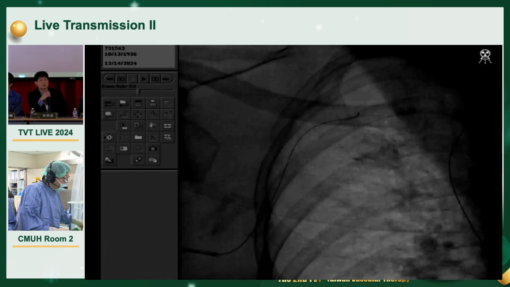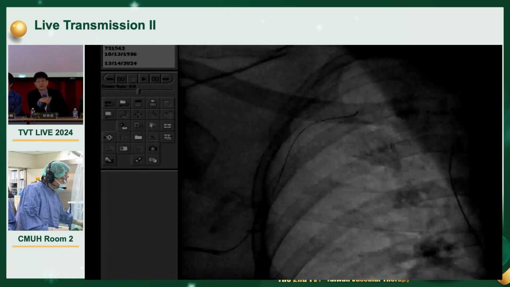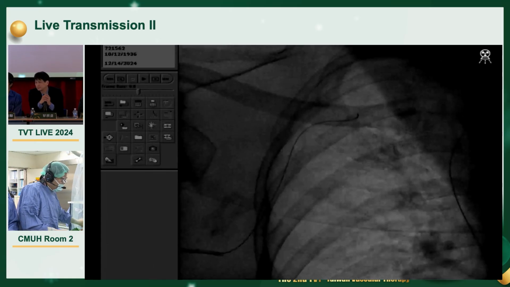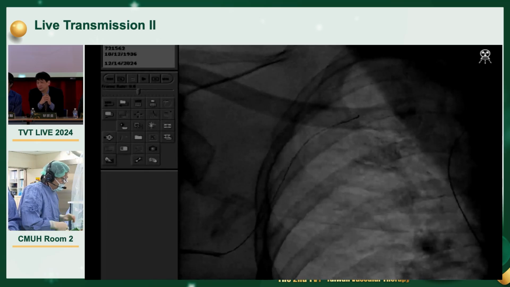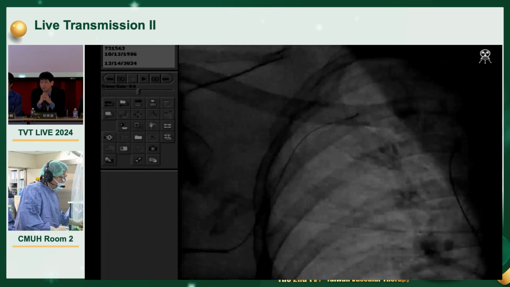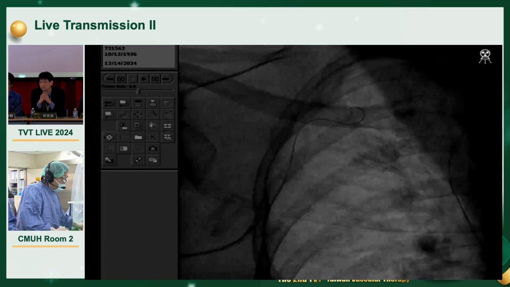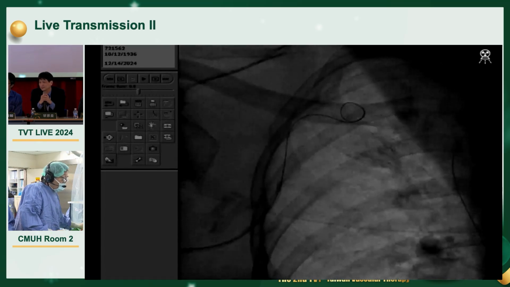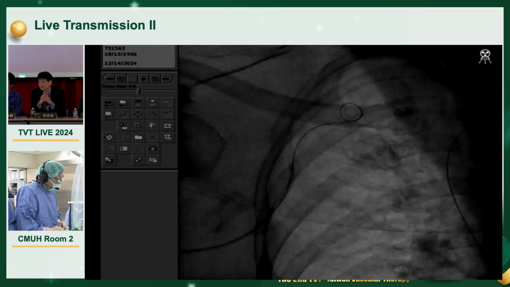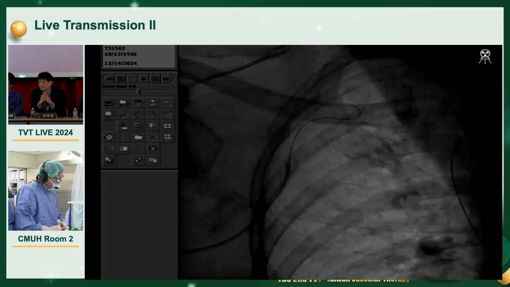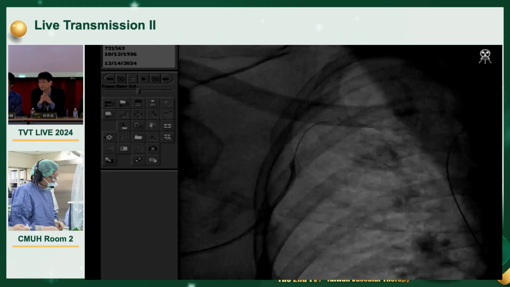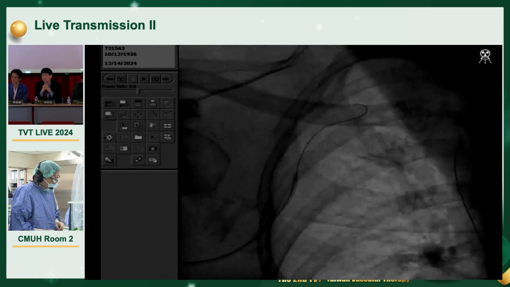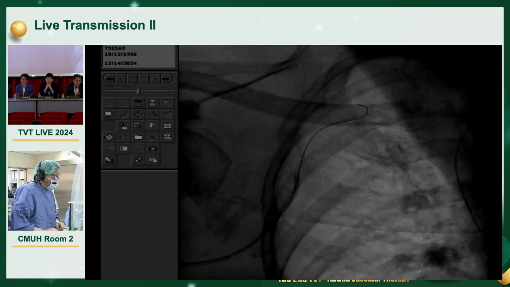The history is room 1's case, right iliac and SFA CTO by Ida. Sorry, because room 1 is still puncturing, so keep on your job. Ida wants to show how to puncture the right SFA because the right iliac artery is occluded. Maybe you should ask Ida. Okay. Thank you.